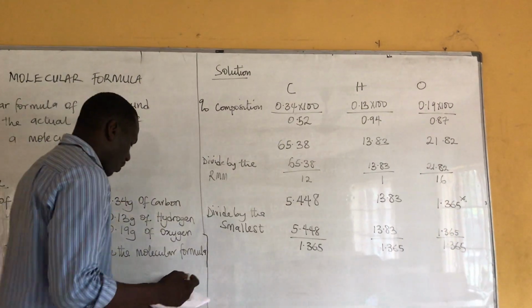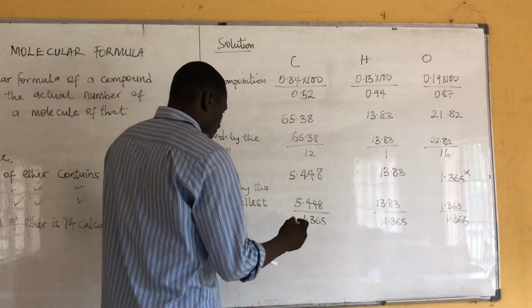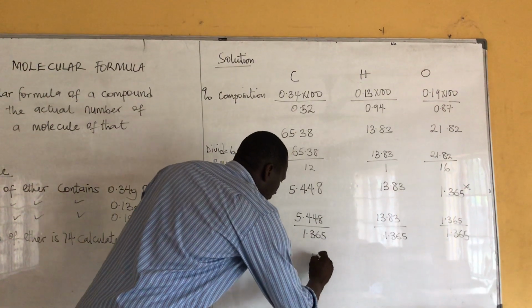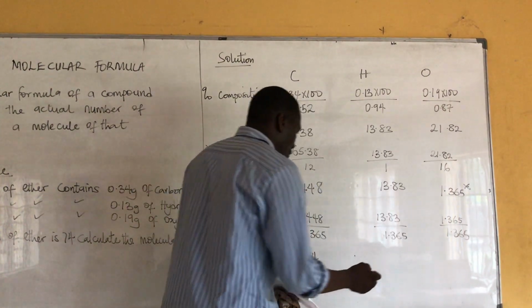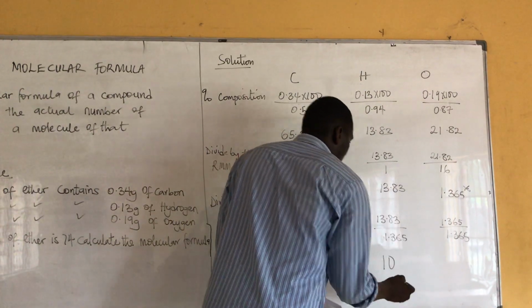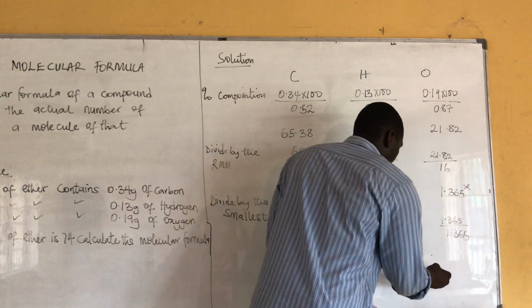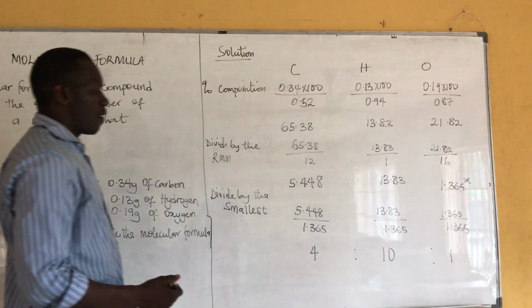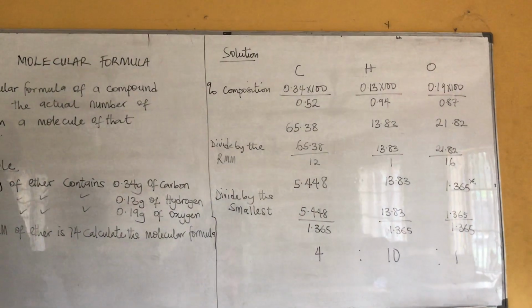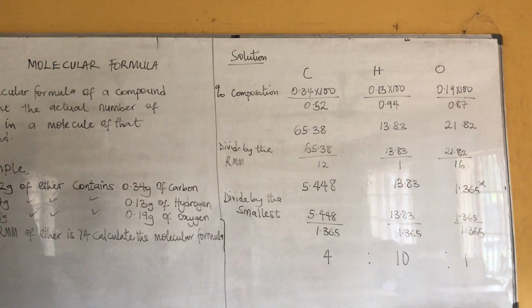Let's press our calculator. This is going to give us 4 ratio 10 ratio 1.